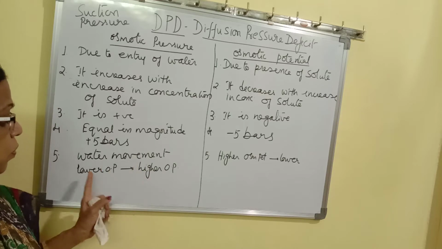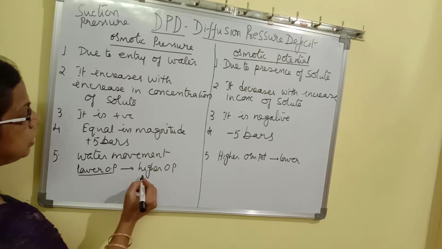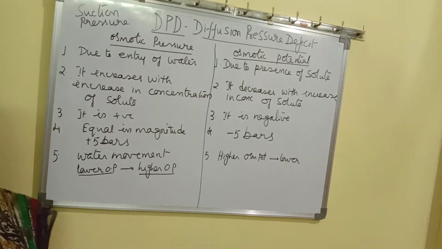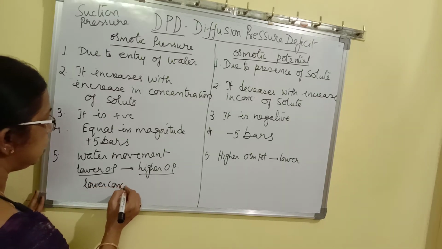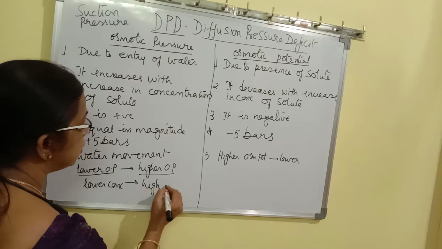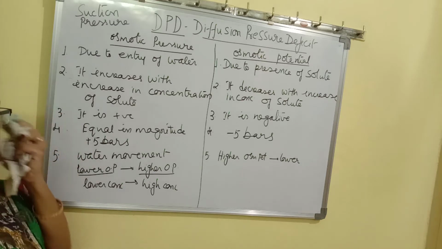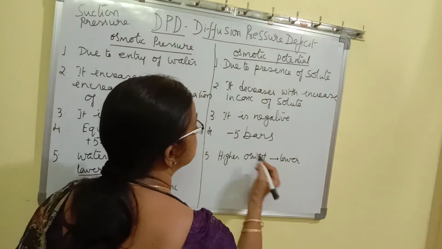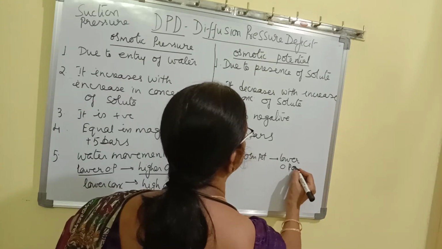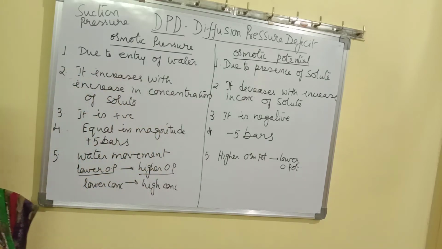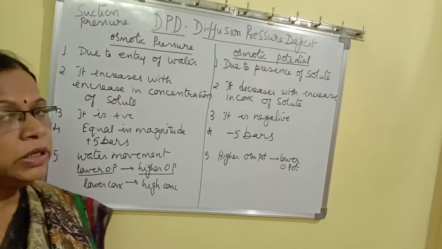With regard to water movement, water always moves from a region of lower osmotic pressure to a region of higher osmotic pressure. In terms of concentration, it is from lower to higher concentration. And in terms of osmotic potential, it moves from higher osmotic potential to lower osmotic potential. When will osmotic potential be higher?